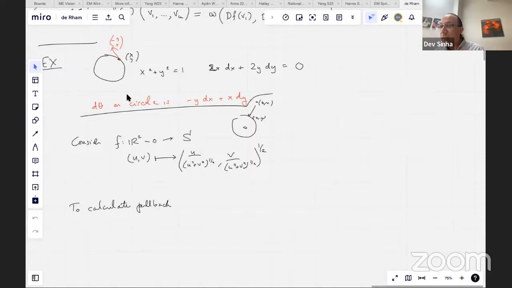What we're going to do is basically say, well, if x is u over u squared plus v squared to the 1/2, then dx is going to be u times 1/2 times u squared plus v squared to the minus 1/2 times the derivative of the inside, which is, by the chain rule, 2u du plus 2v dv.